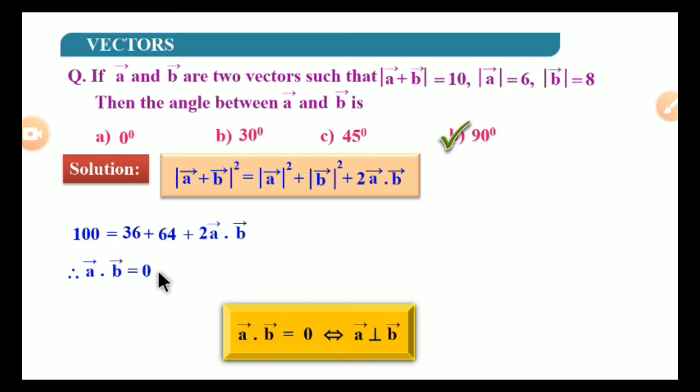A dot B equal to 0 means that implies A is perpendicular to B. A is perpendicular to B means the angle between the vectors A and B is 90 degree.